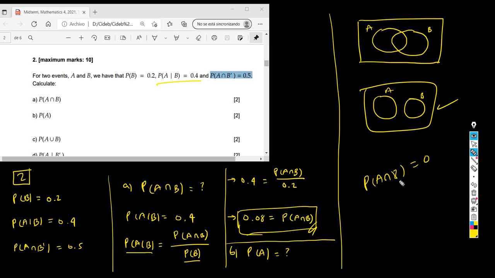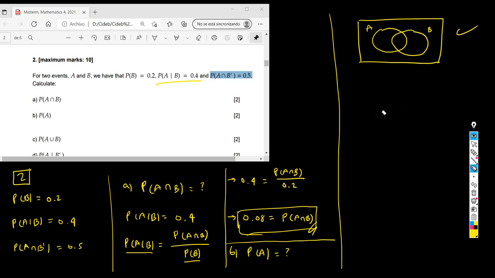But since this is not true, then it must be like this. That's how I can know. Okay, so now I know at least the geometrical relationship between the circles representing event A and event B. Perfect.